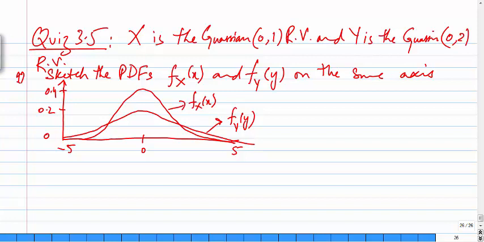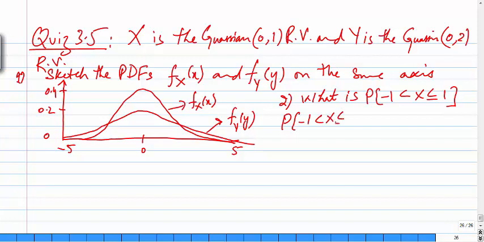Now the next question he is asking is question number 2: what is the probability that -1 is less than x is less than or equal to 1? Now we can use the standard form. This is P of -1 less than x less than or equal to 1, so it becomes f of x of 1 minus f of x of -1.